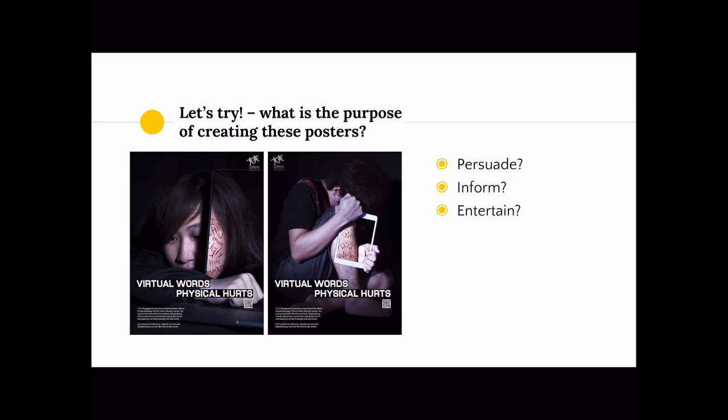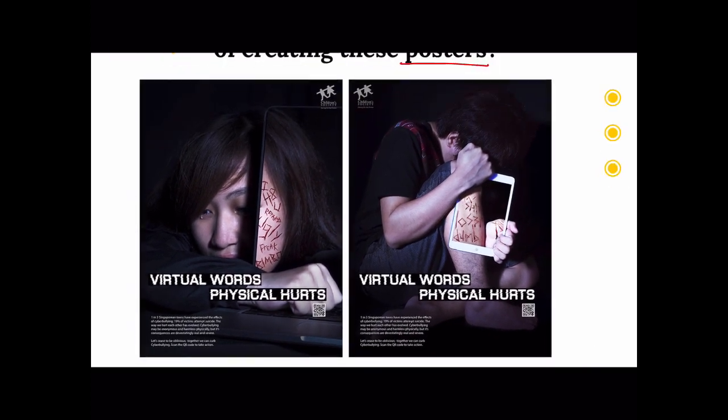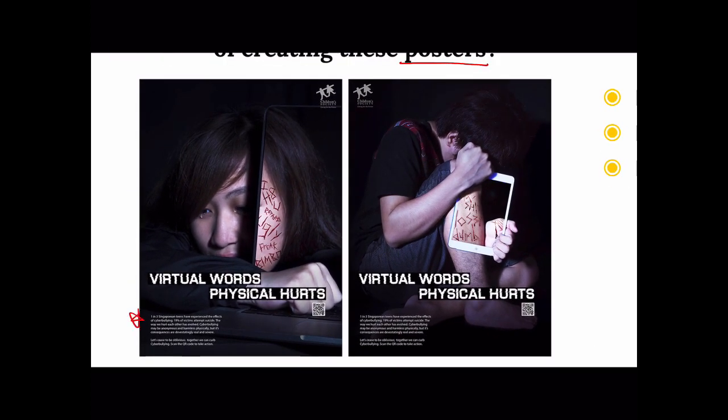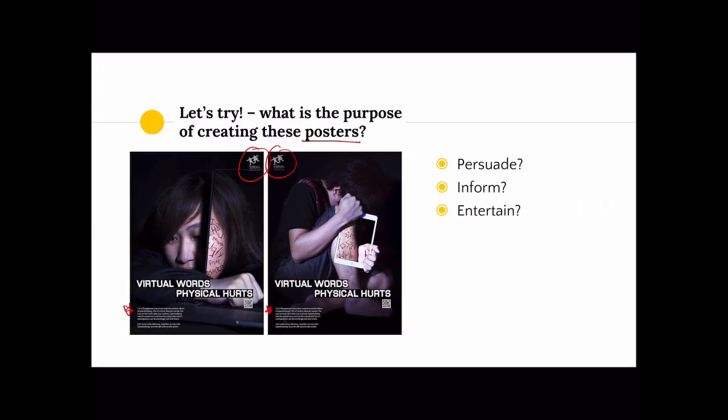Alright, let's try one last one. What is the purpose of creating these posters? I don't know if y'all can see it clearly. It's talking about cyberbullying, and it's by the Children's Society in Singapore. For this poster, it could be to persuade, it could be to inform. Was it to entertain? Definitely not. So what are they trying to persuade or educate people?